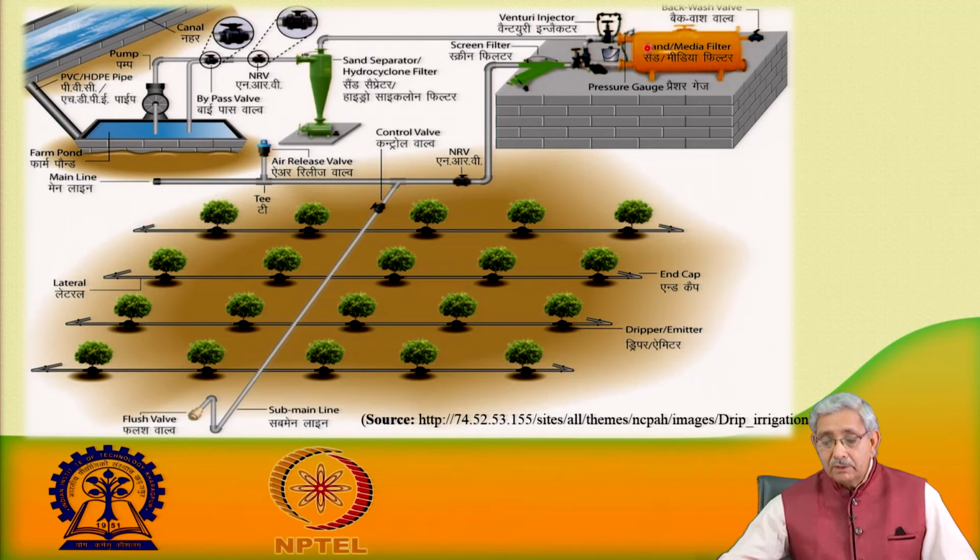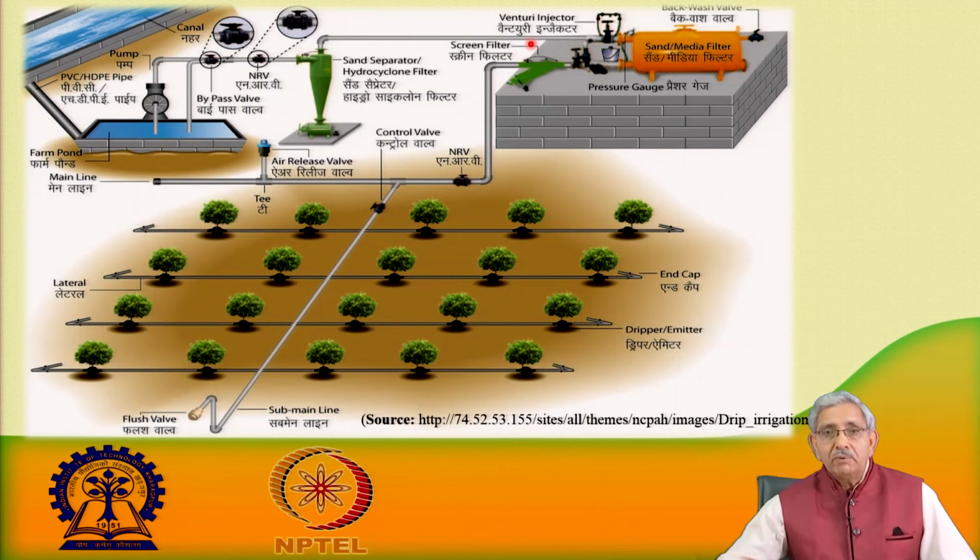After it passes through the Venturi system, which sucks in the fertilizer, it comes to the sand filter, and after the sand filter it comes to another filter, that is a screen filter. All these filters, the sand separator, the sand or media filter, and the screen filter, we will discuss in detail.